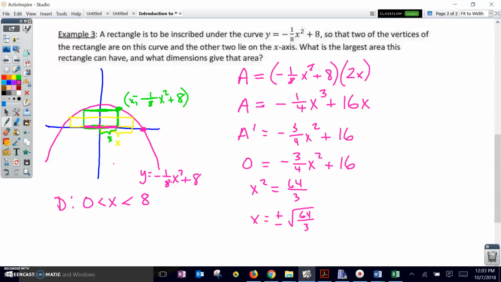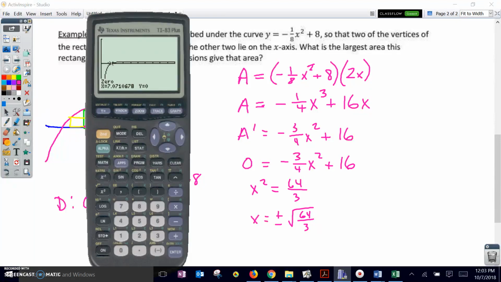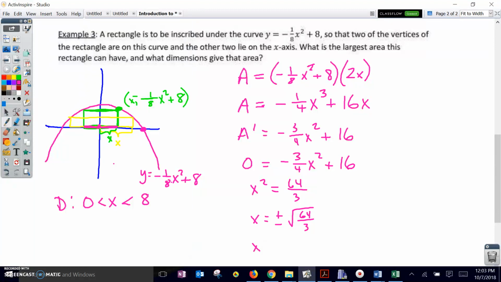Only one of those values is going to be important, the positive one, and now I'm going to go ahead and find that value. The square root of 64/3 is 4.619. So x equals 4.619.